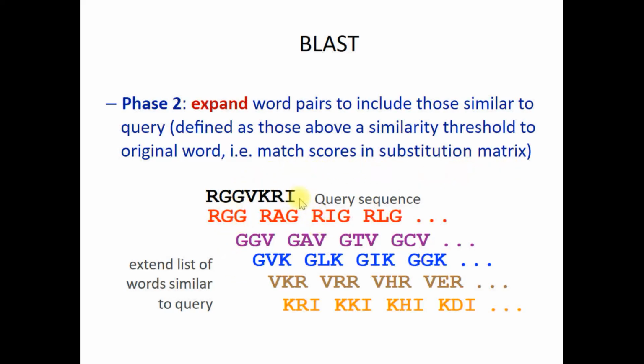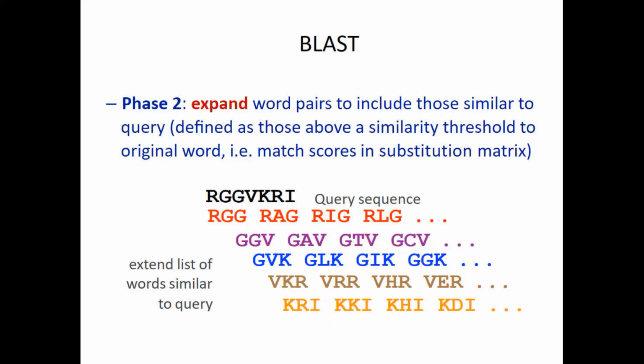For example, again the same query and the same seed words as the last slide. This time we extend those seed words to their neighboring words. RGG's neighboring words are RAG, RIG, RLG, and so on. And GVK's neighboring words are GLK, GIK, and GGK, and so on.